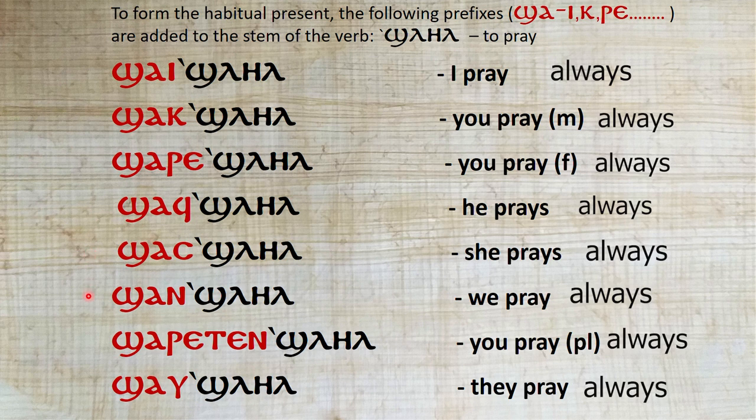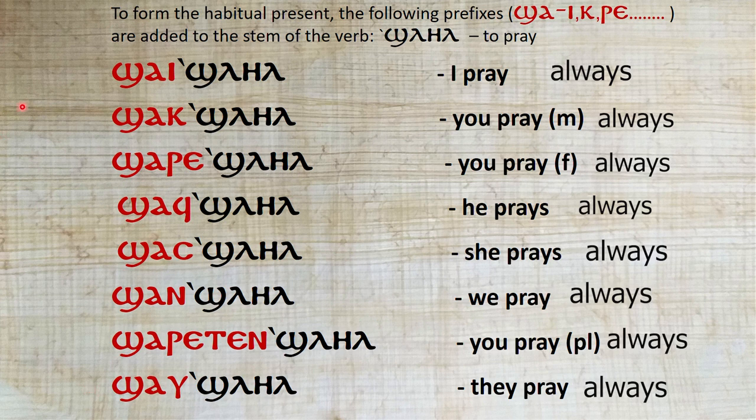Shan ishlal, we used to pray till now. Sharadan ishlal, we used to pray until now. We are using this "used to", I don't know how to say it in English, but you understand me. Shaw ishlal, they used to pray until the present moment.